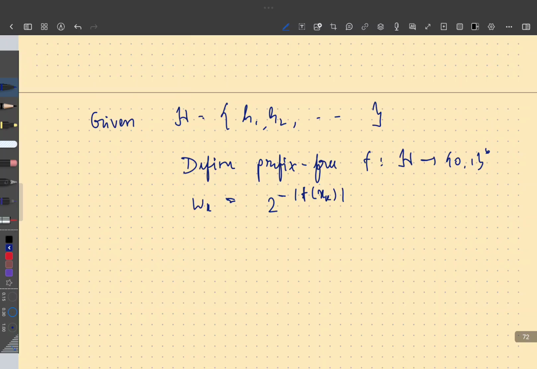Okay. So why go through all of this procedure, right? Now, a prefix-free code is a natural way of describing the particular predictor h. Let's look at a more natural example.